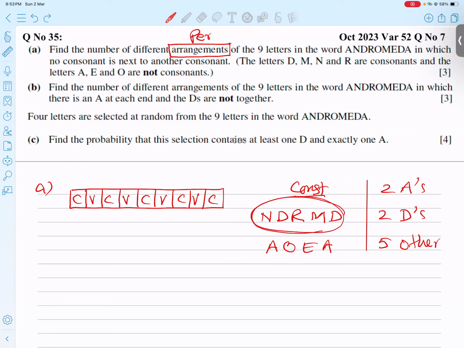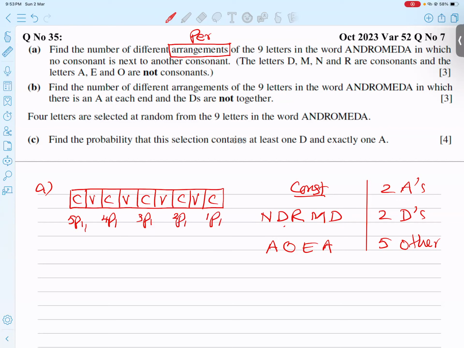All 5 are available for the first place. It's called 5P1. If one is gone, 4 are available for this place, I can say 4P1. Let's say 2 gone, so 3 available for this place. So it's 3P1, 2P1, and 1P1.